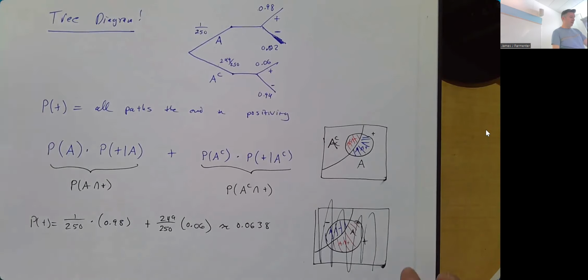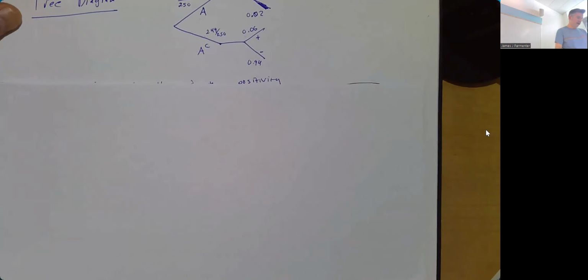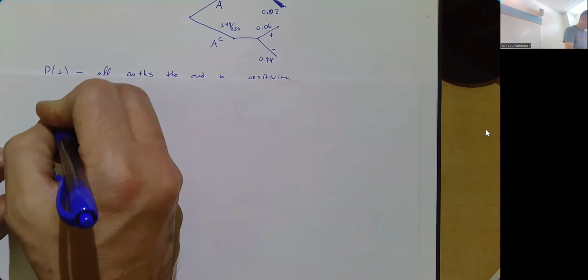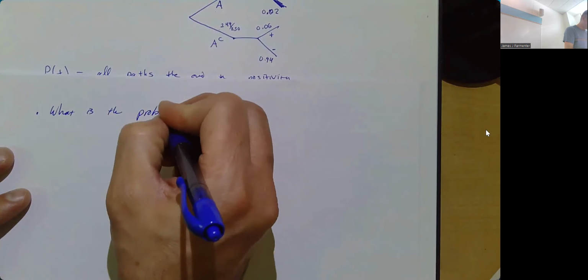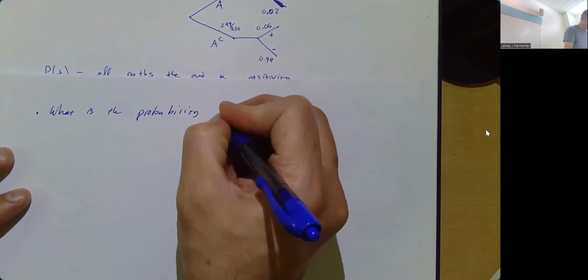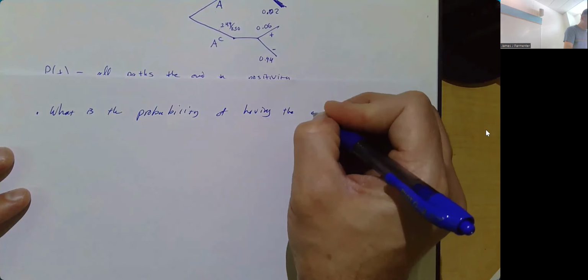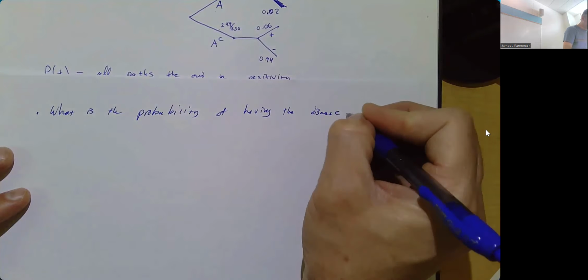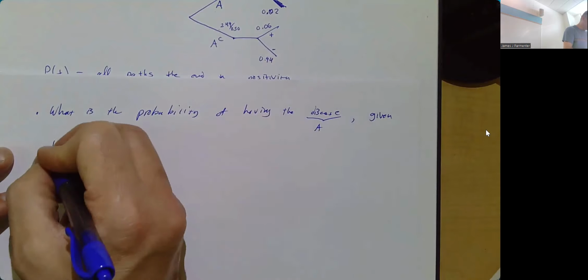So the question that we really want to answer is, what is the probability of having the disease, which I remind you is event A, given that we had a positive test?